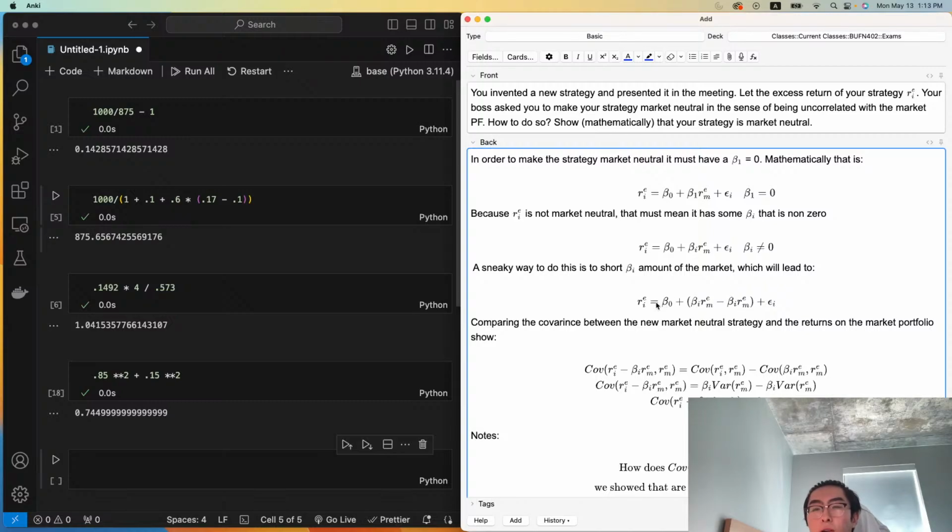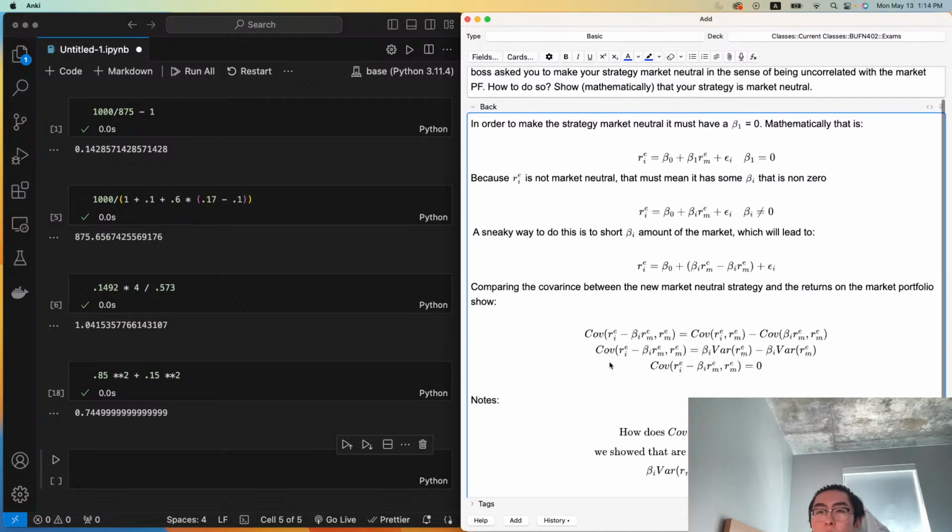And so now the excess return of our strategy just depends on beta_0 and then epsilon_i. So there's no more beta_i anymore. Now, in order to show this pretty rigorously mathematically, we can compare the covariances between the new market neutral strategy and the returns on the market portfolio.